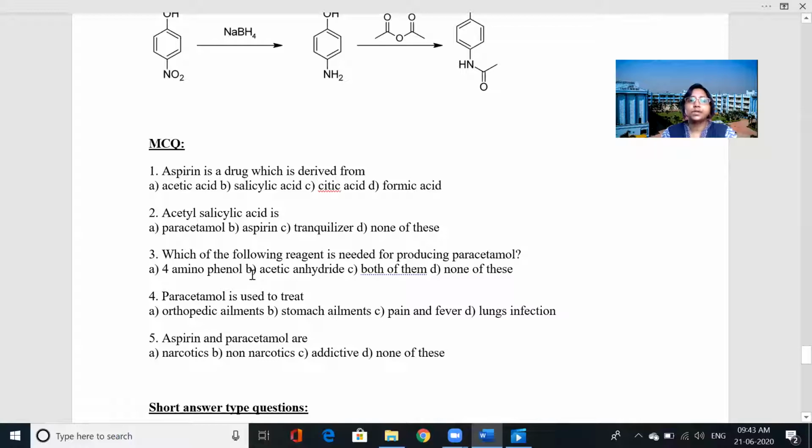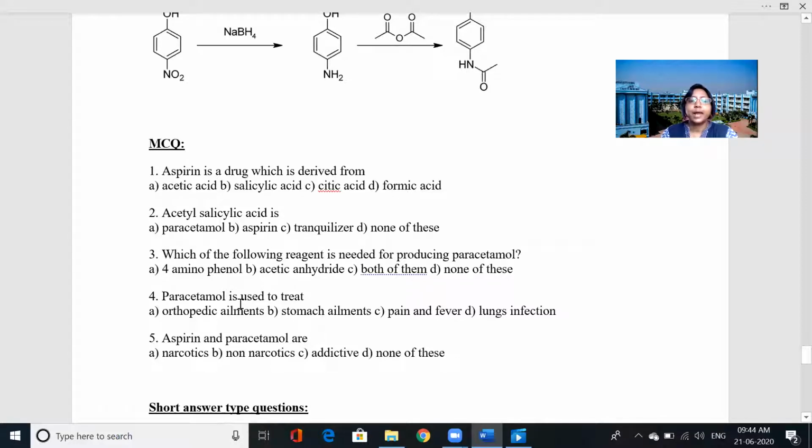Next, third question: which of the following reagents is needed for producing paracetamol? 4-aminophenol, acetic anhydride, both of them, or none of these. So the answer will be both of them.